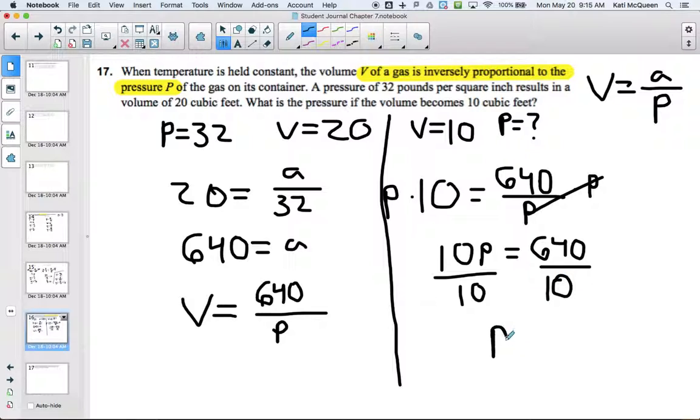So P is equal to 640 divided by 10 is 64. And I want to make sure I include some units here. So this is a pressure. So let's see what the other units for pressure are. So a pressure of 32 pounds per square inch are my units. So pounds per square inch. This is the way we write that.